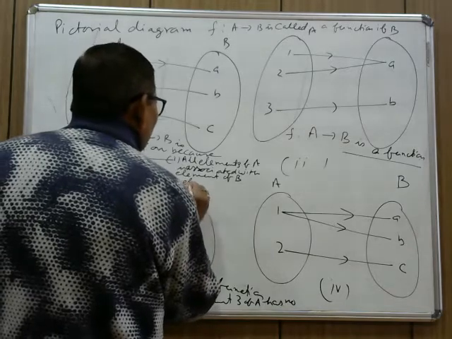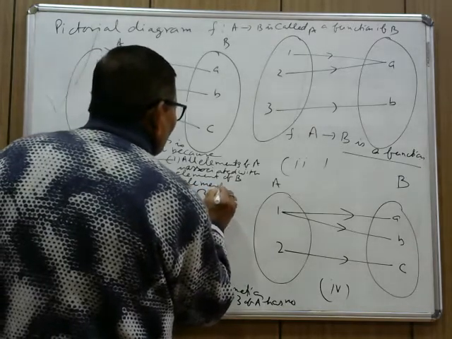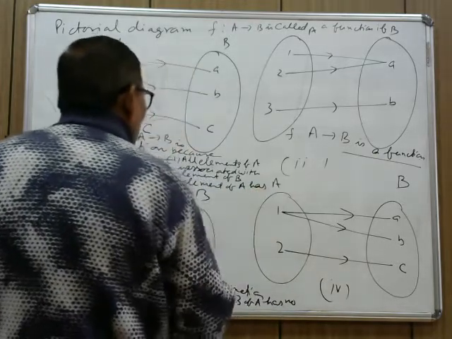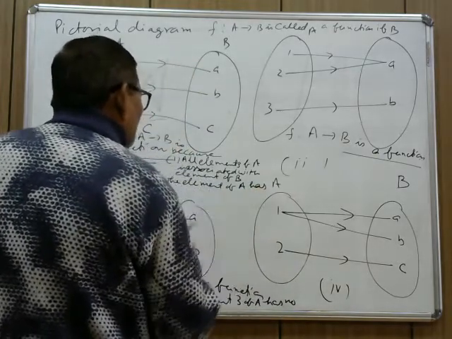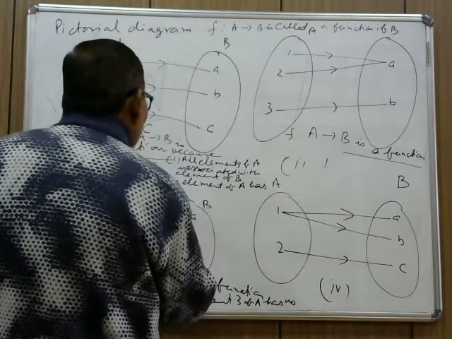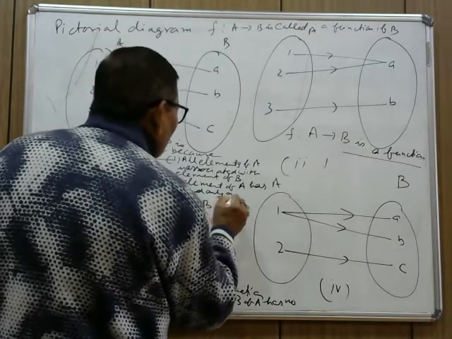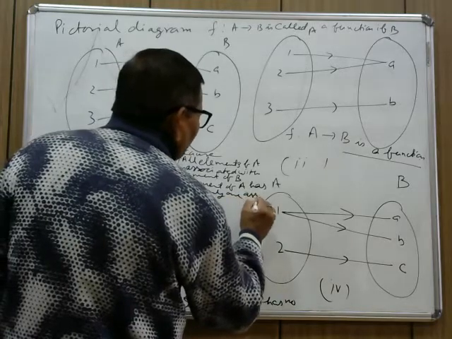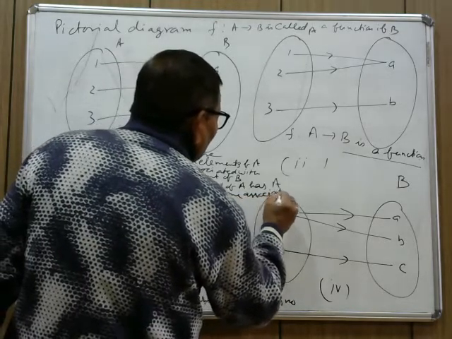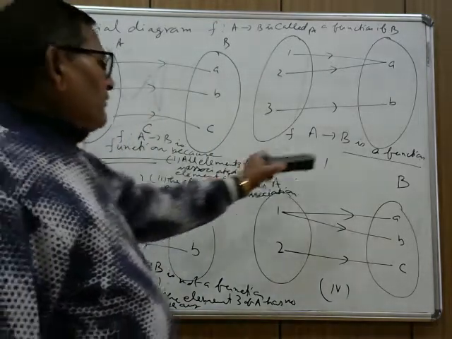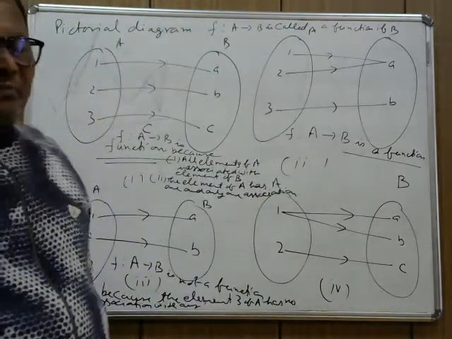The element of A has one and only one association. You remember that. The same reason you can give for the second picture.